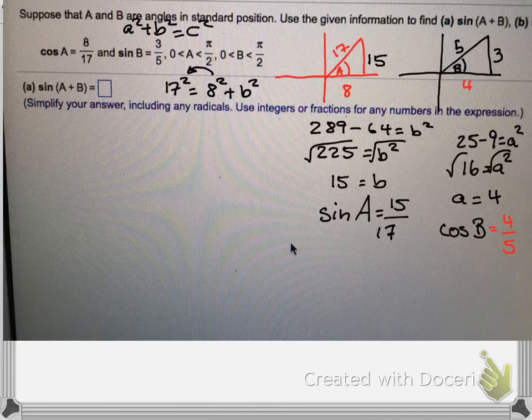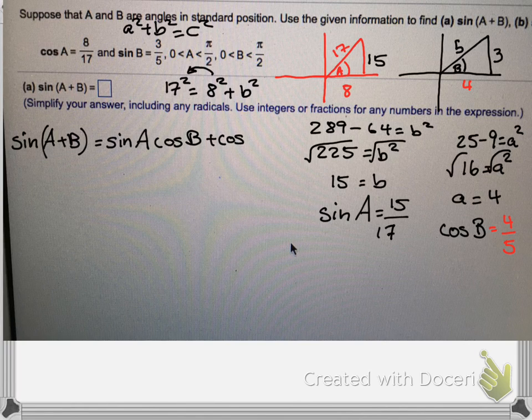So now we can use our sum formula. The sine of A plus B is equal to the sine of A times the cosine of B plus the cosine of A times the sine of B. The sine of A is 15 over 17 times the cosine of B, which is 4/5, plus the cosine of A, given as 8 over 17, times the sine of B, which is 3/5.